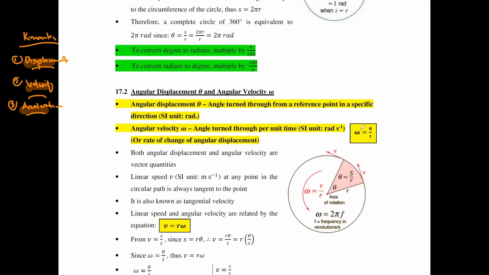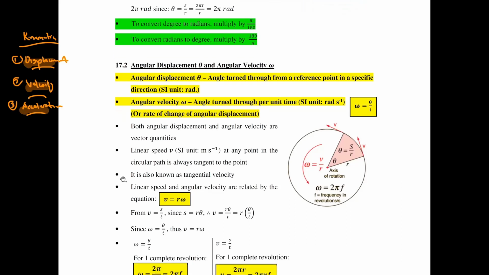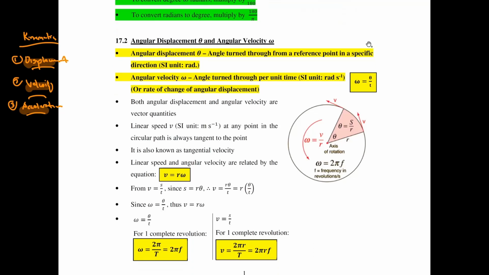The first one that you will encounter is something called angular displacement, given the symbol theta. And another one you will encounter is angular velocity, which is given the symbol omega. Now this w, which looks curvy and fat, is actually your Greek letter omega.